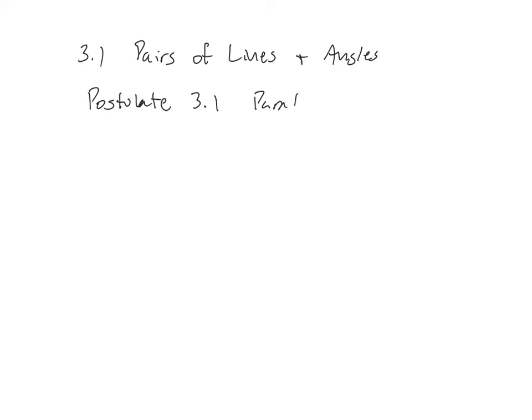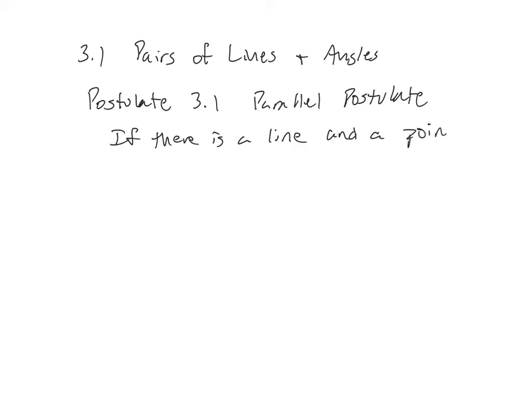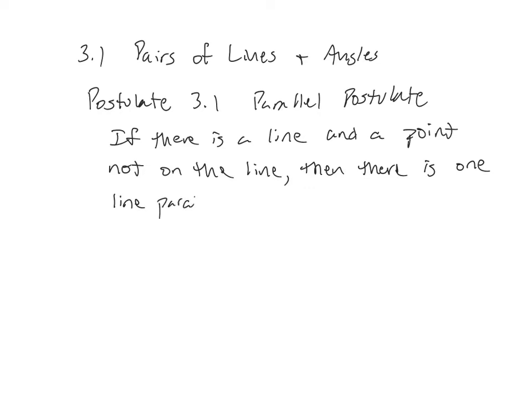One's called the parallel postulate. So if there is a line and a point not on the line, then there is one line parallel through the point.